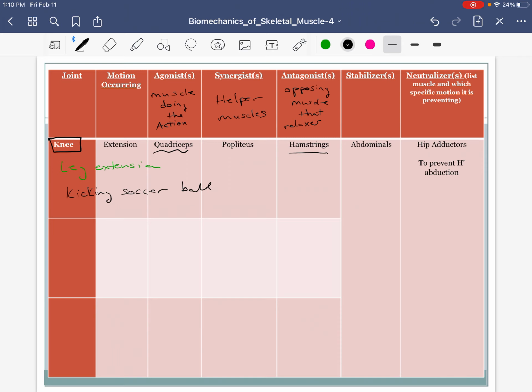So if sets of opposing muscles contract at the same time, the result is nothing. They'll be contracting, but there's no movement because they're both fighting in opposite directions. So in order to successfully extend, I need to contract my quads, but I need to relax the opposing muscle group. By relaxing the opposing muscle group, I let the primary mover do its job.